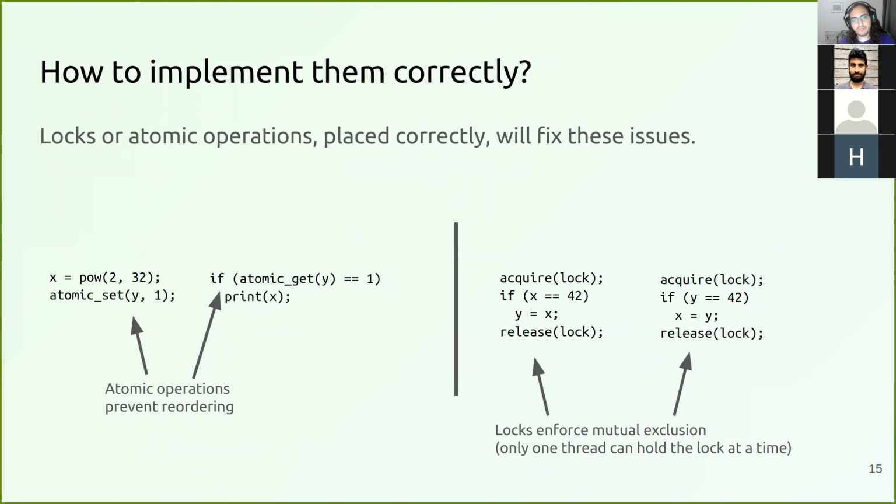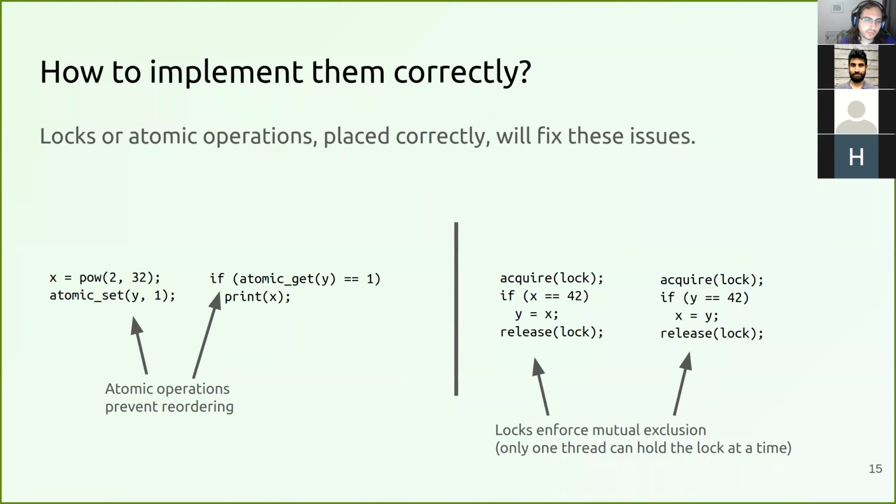So, just for an example, both of these programs could be made correct. In order to fix data races, you have to use locks or atomic operations.